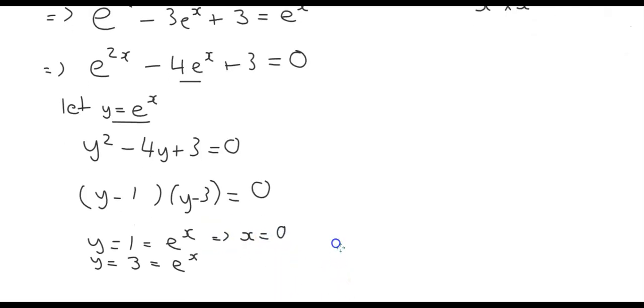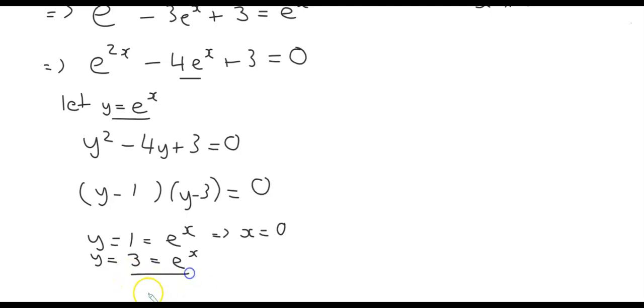And then the other solution, how can we solve this one? Well, again, remember, whenever we're trying to solve an unknown power, then we take logs. And in this case, because it's actually e to the power of something, let's take log to base e, or ln of both sides. So it will be ln 3 is equal to ln of e to the x.